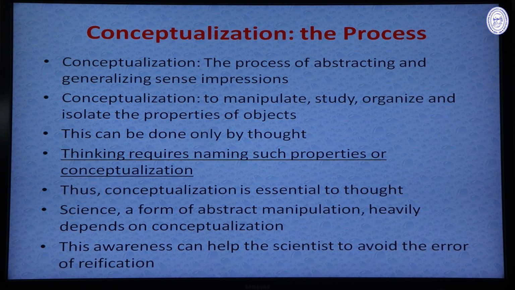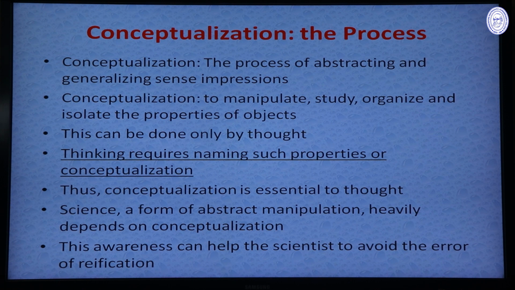Through observation we isolate certain observable characteristics of the phenomena under study, and then we assign certain names to those properties, and then it comes up as a concept. Through those names we come to understand the phenomena itself.